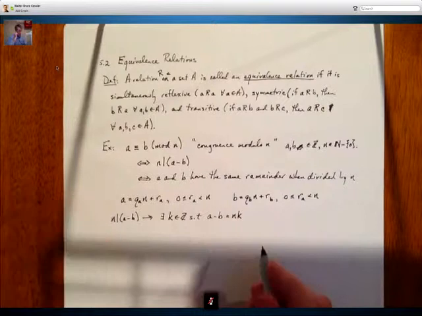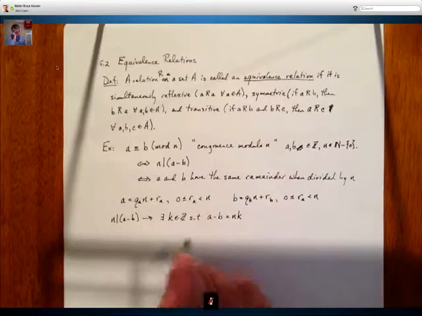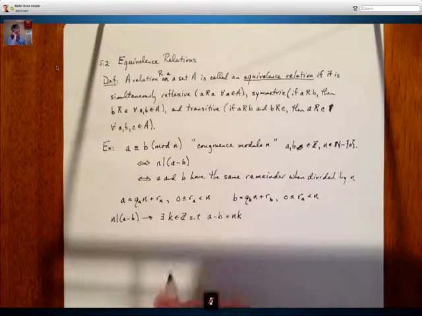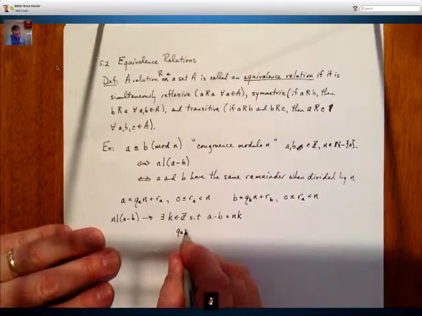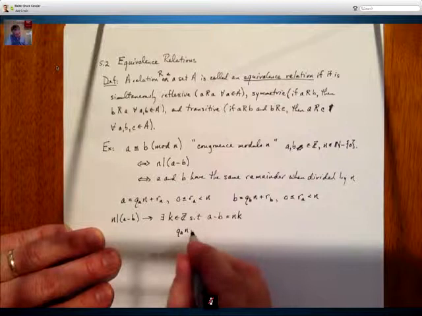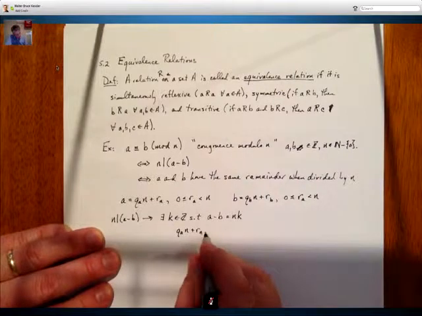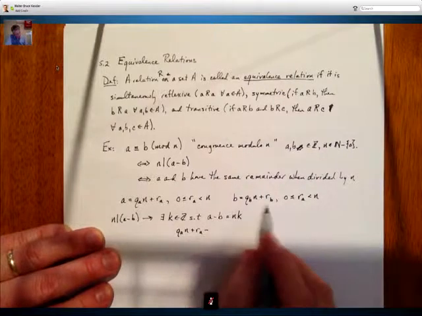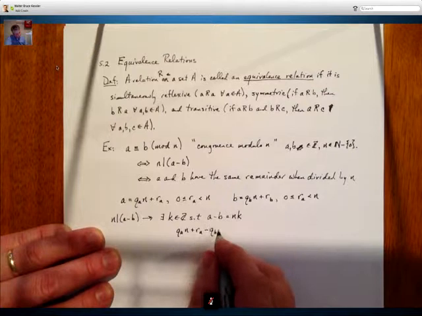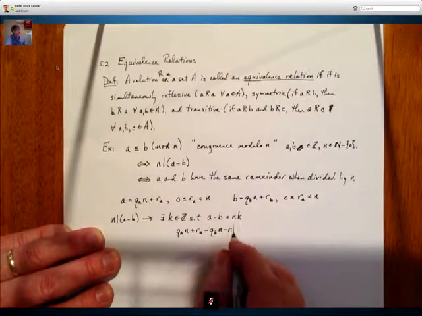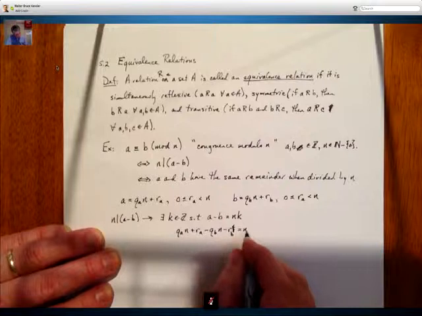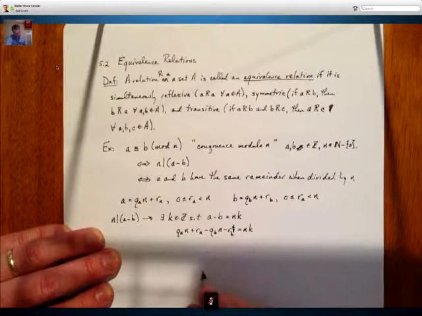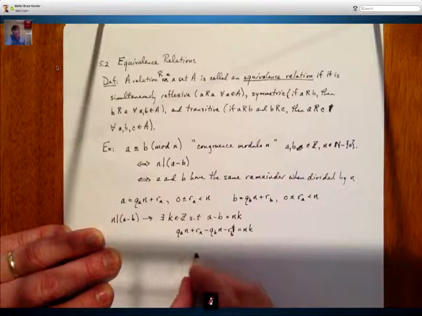equals nk. But then if you substitute these things in there, then you get Q sub A times n plus R sub A minus, you got to stream the negative through this, Q sub B n minus R sub B, and this is nk.